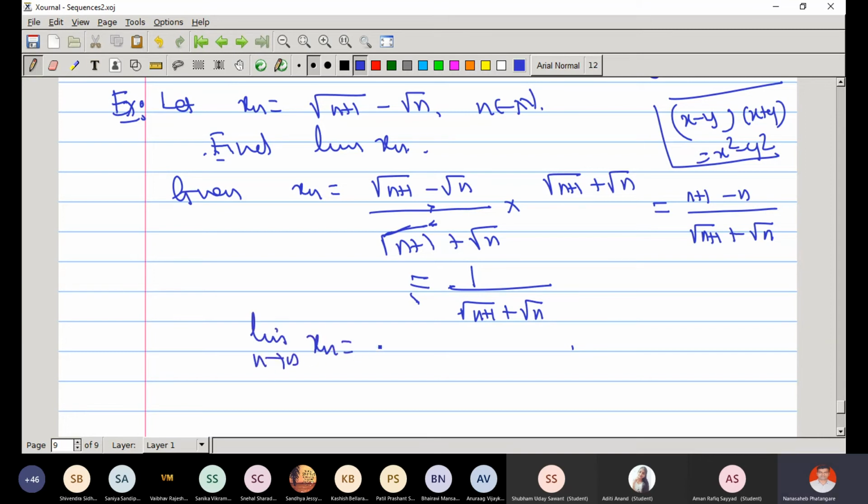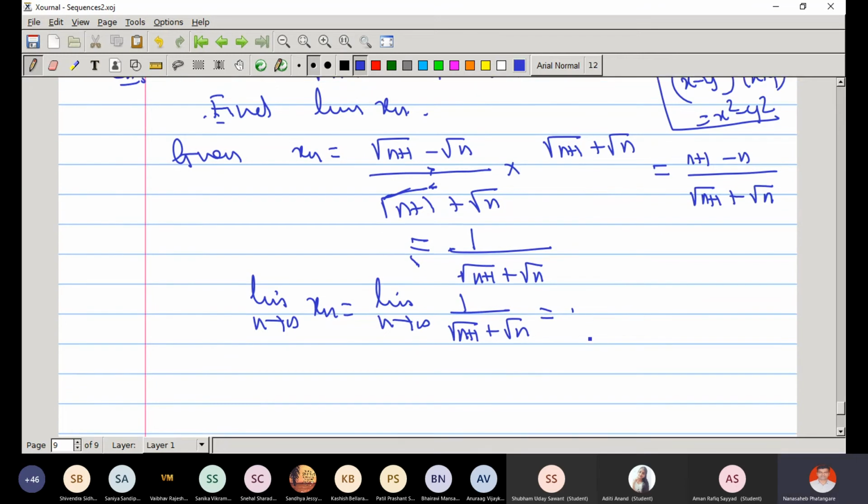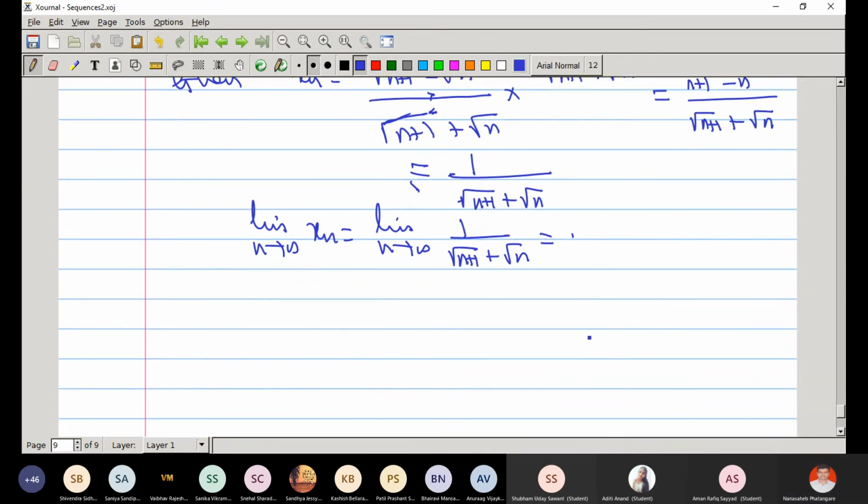And therefore what is the limit n tends to infinity of xn? We have simplified xn in this form. So what is it? 0.